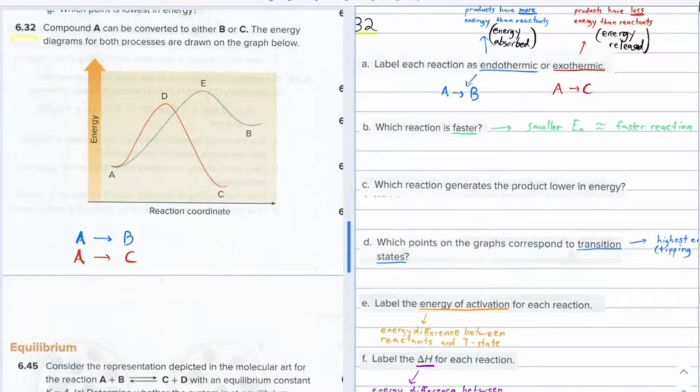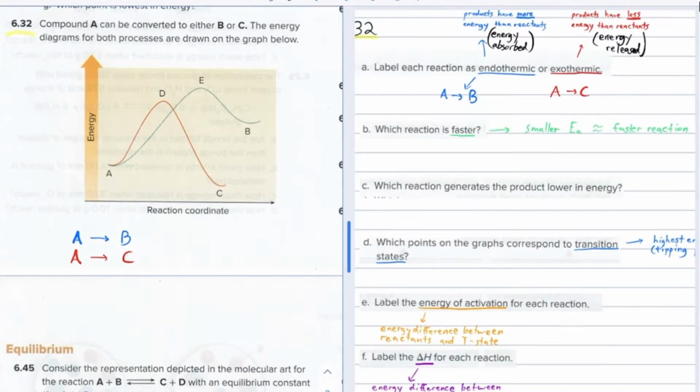So imagine this is how high the hill is if you're going from A to C. But look at how high the hill is if you're going from A to B. It's a taller hill, and it would be a slower reaction. It's harder to get over that hill than it is to get over this one. So I would call this one faster and that one slower. So A to C is faster.